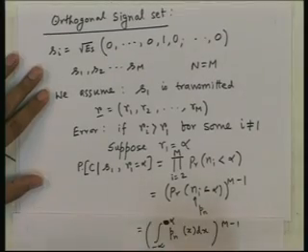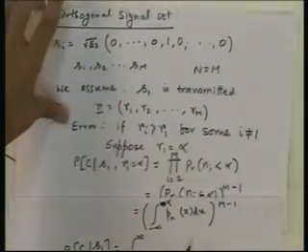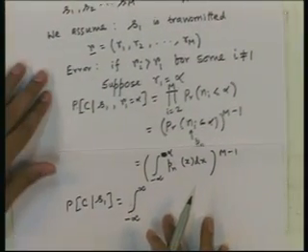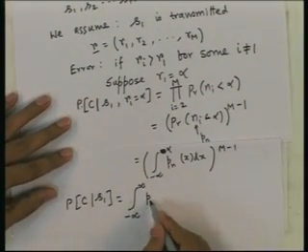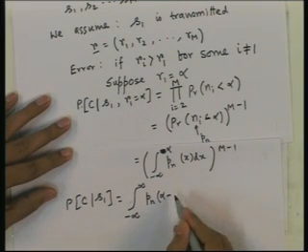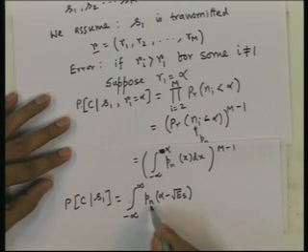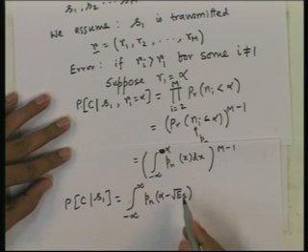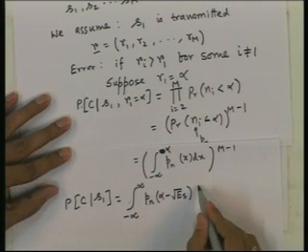Then N1 must be alpha minus root over Es, and the density at that point is Pn of alpha minus root over Es. So, this is the value of the density at alpha minus root over Es, and this times now we have to take this quantity.